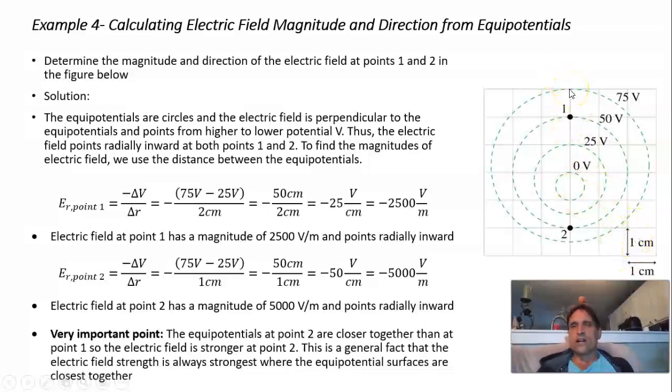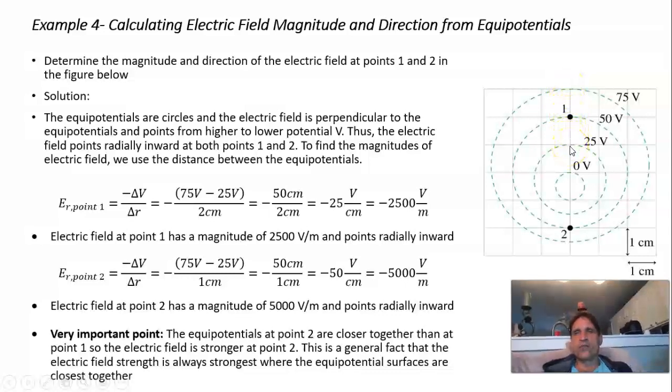So it decreases by 25 volts for every centimeter. And you can see that here: 1 centimeter, it goes down 25 volts. Another centimeter, another 25 volts.